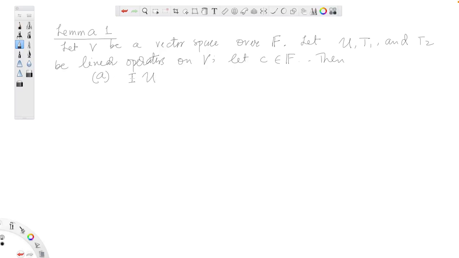We write composition by means of multiplication. (a) I times U is the same as U times I, which is equal to U. (b) U times (T1 plus T2) is equal to U T1 plus U T2.